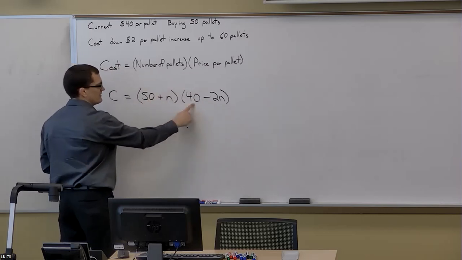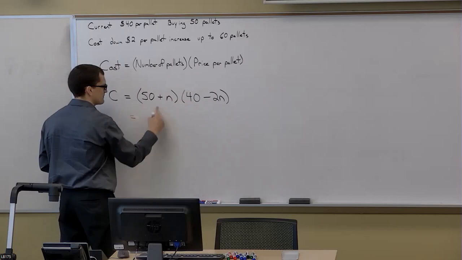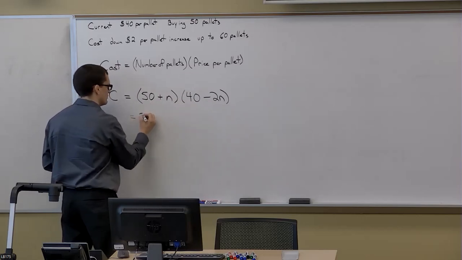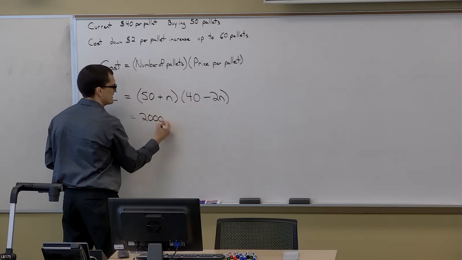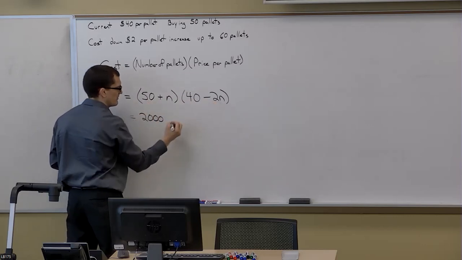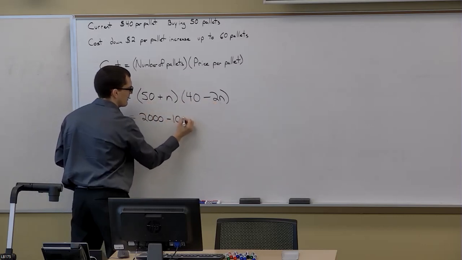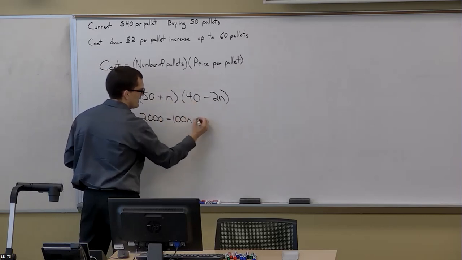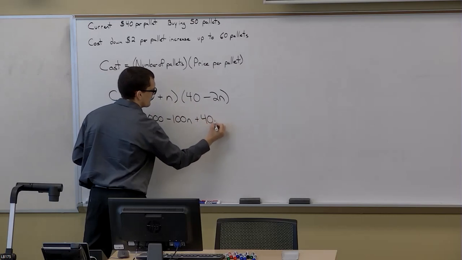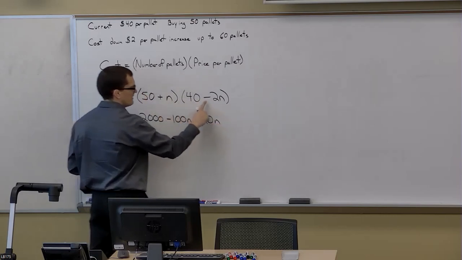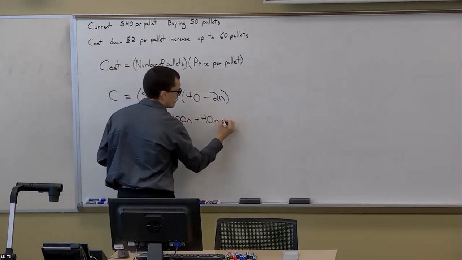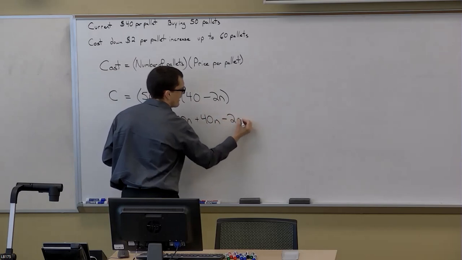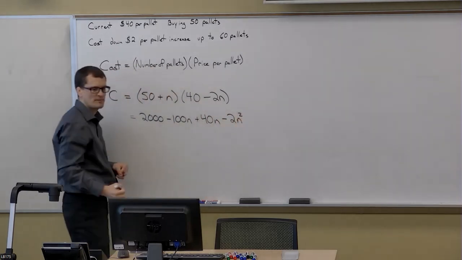That's take 50 times 40, which is 2,000. Then take 50 times negative 2n, that's minus 100n. Then take n times 40, that's 40n. Then take n times minus 2n. N times n is n squared.